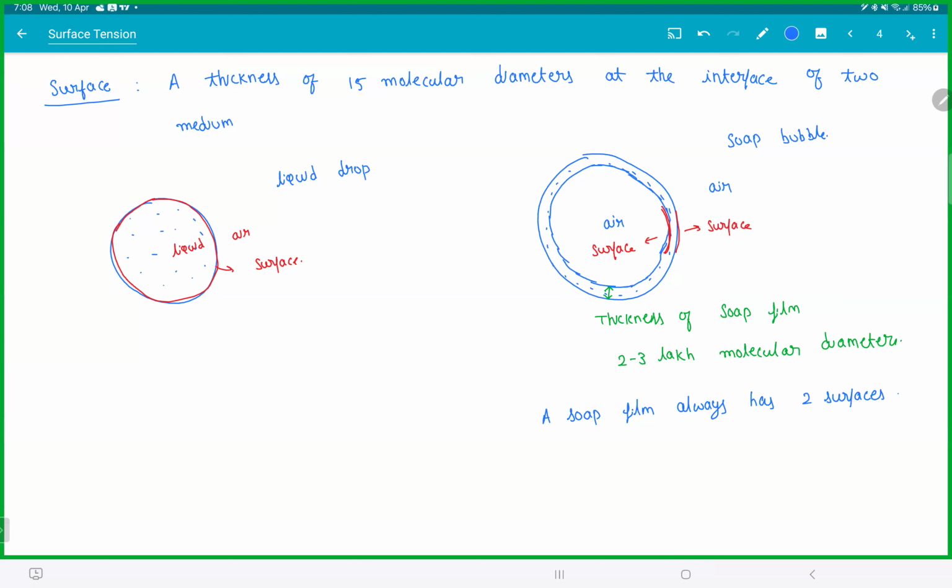Clear with this? Because of this tendency, like a trampoline, there'll be some forces involved. So let's see how will the forces act. Any doubts on this page?